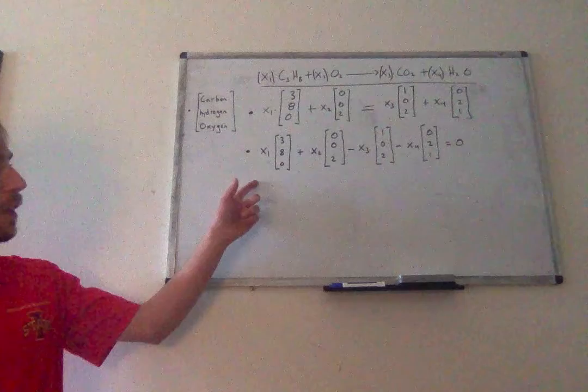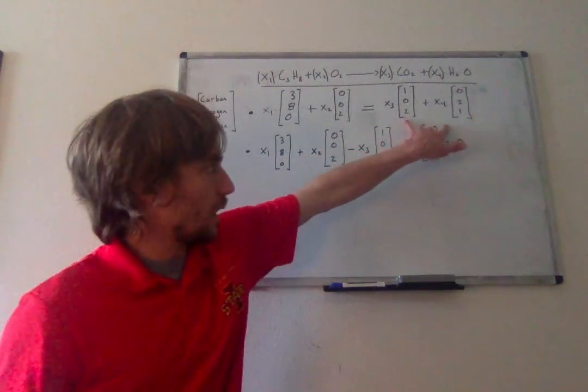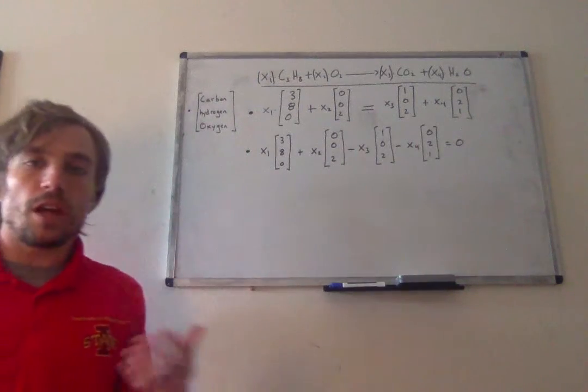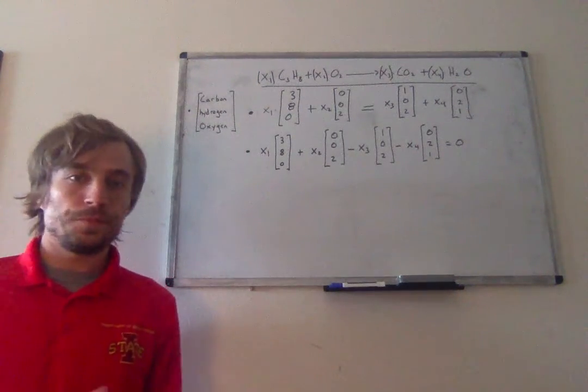And so notice what we've done is we've just moved these two vectors to the left-hand side of this equation, and now we've got a homogeneous vector equation.